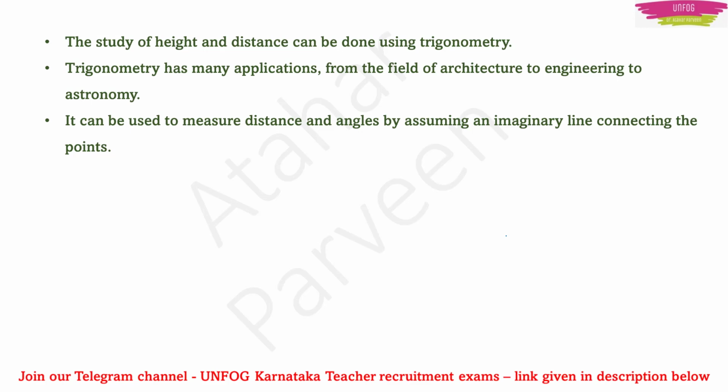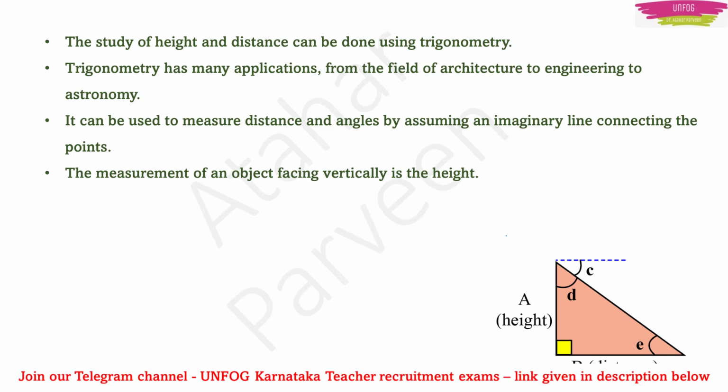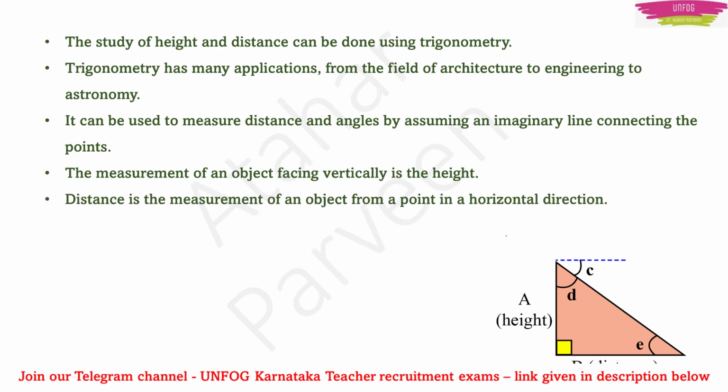Then you can find the distance and angles related to those two points. If you have an object which is facing vertically, then the measurement of that object becomes the height, and the distance is the measurement of the object from the point in a horizontal direction.